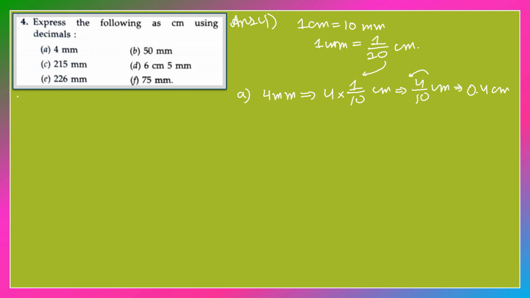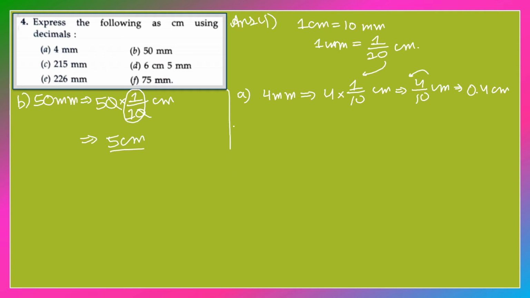Okay, so now let's do the B part. I'm going to do this time 50 millimeter. Again, it equals 50 into 1/10 of centimeter, which equals 5 centimeter. Why? Because the cutting of 0 we have done, and 1 divided by 1 is 1 only, and anything multiplied by 1 is same. That's why 5 centimeter will come.